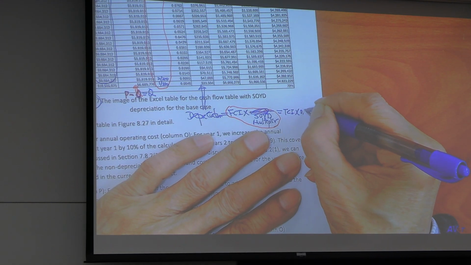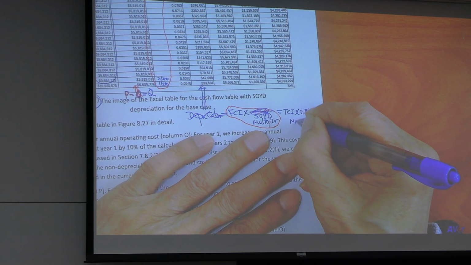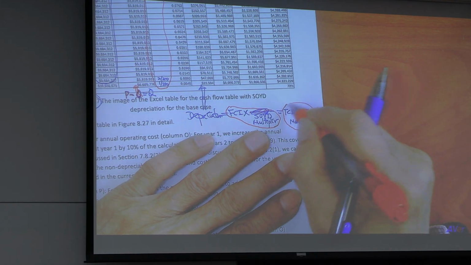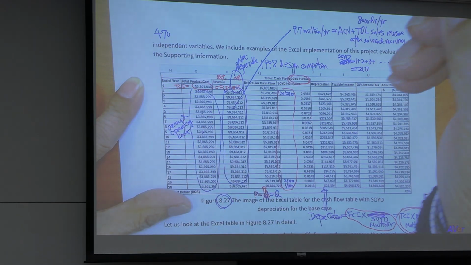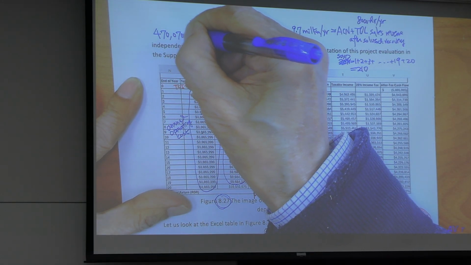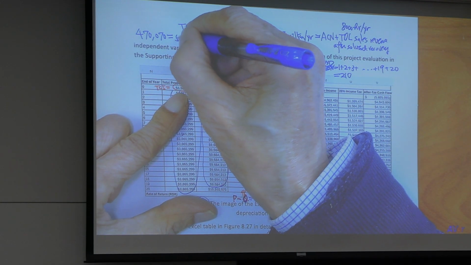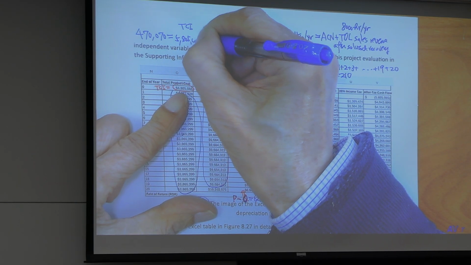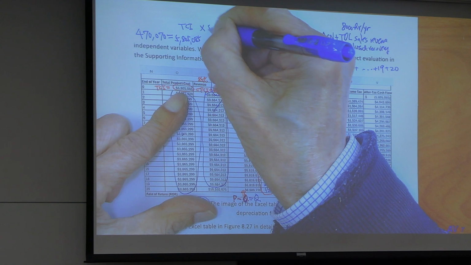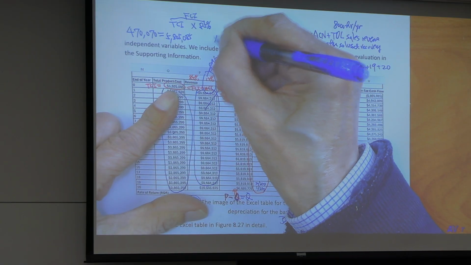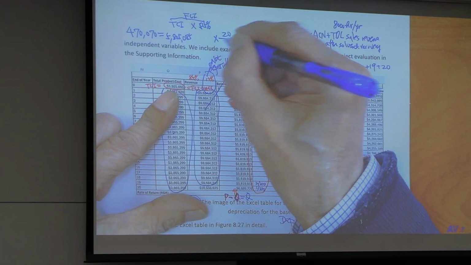That means TCI times 85% times the multiplier. So how do you get this number? 470,070 equals TCI, 5.805085, times 85%. This gives you FCI times 20 over 210.